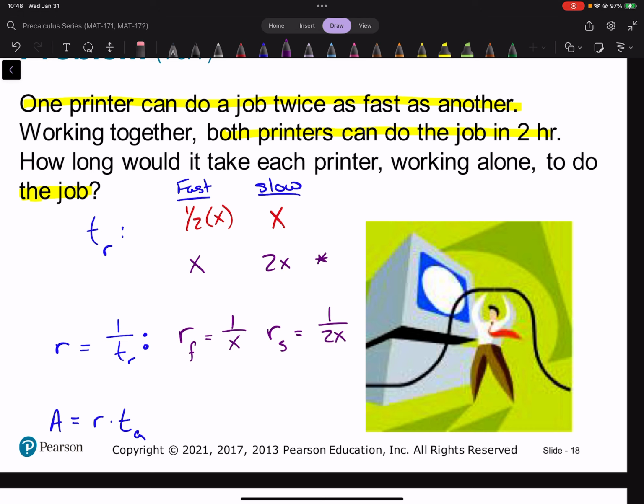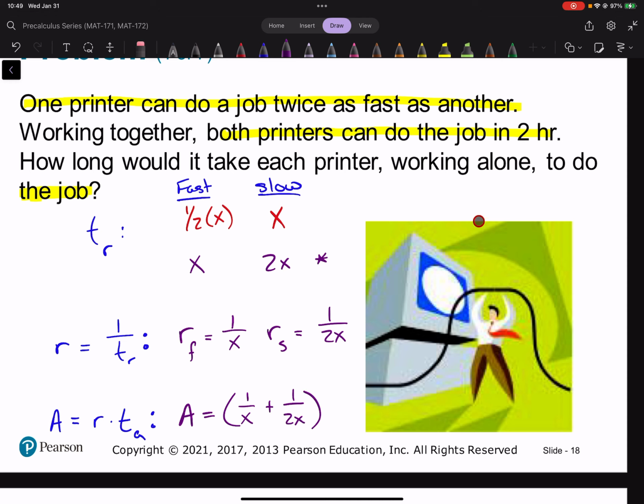Moving right along, we can go ahead and make an equation that represents what we have going on using the amount of work formula. A, the amount of work completed, is equal to R. Now R is going to be comprised of both of these two. Since they are working together, we're going to add the work rates of the fast and slow printers.